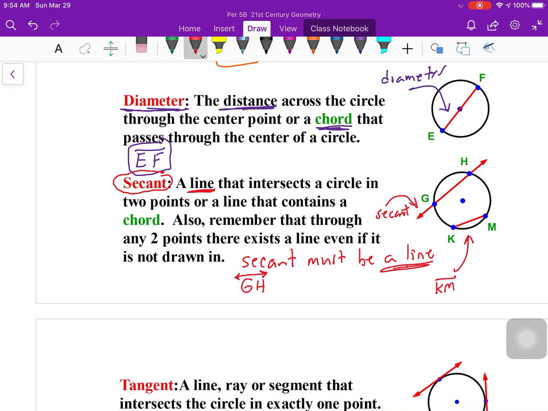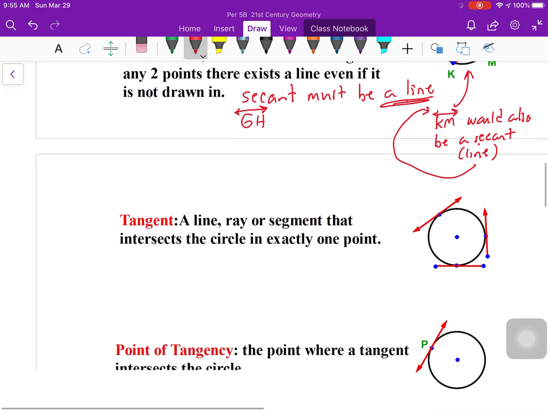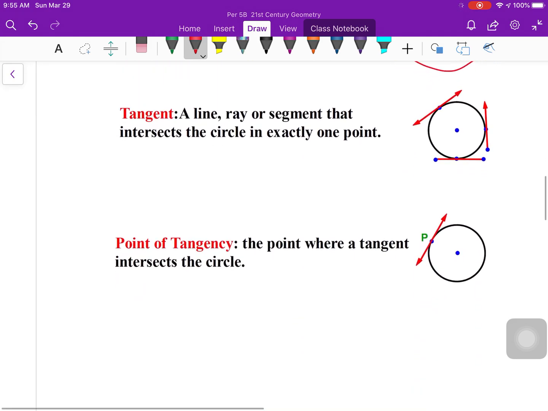I could name another secant, KM, would also be a secant. So even if they don't draw it continuing through, we can still name it as a secant because we know there is in fact a line there.